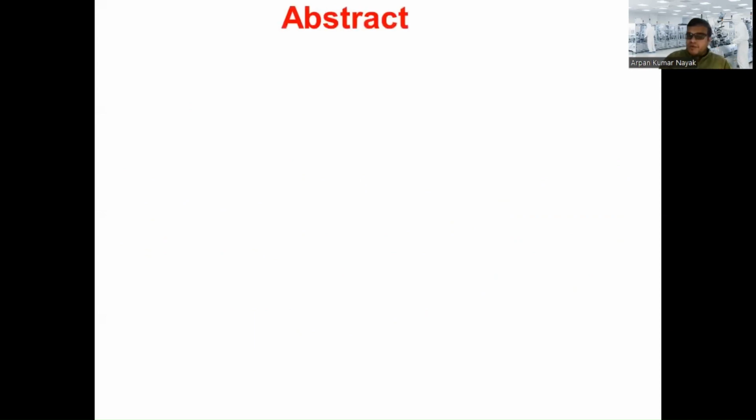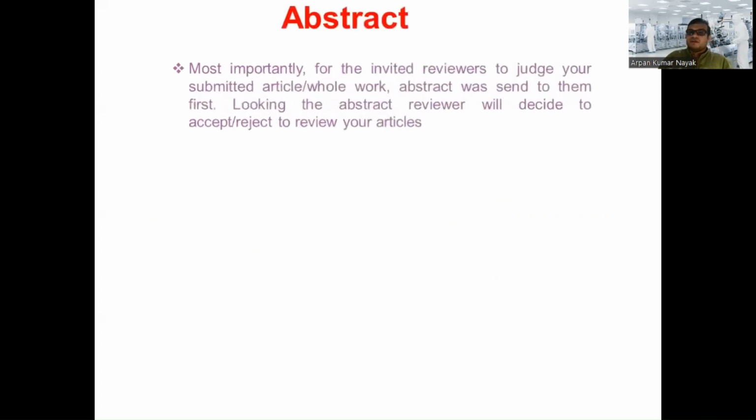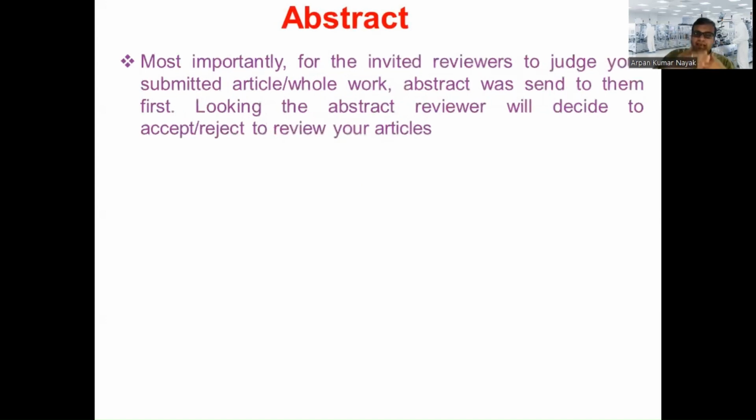So now when you submit your article, the editor will send your manuscript, your submitted scientific article, to the reviewers. So you have to know that when your work is assigned to any reviewer, the reviewer can't see your whole manuscript from the beginning. The reviewer can see only your abstract.